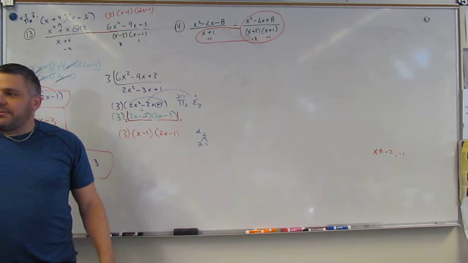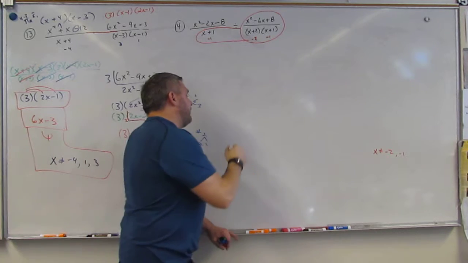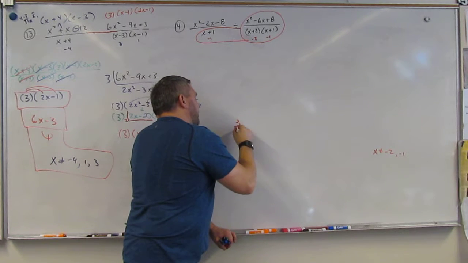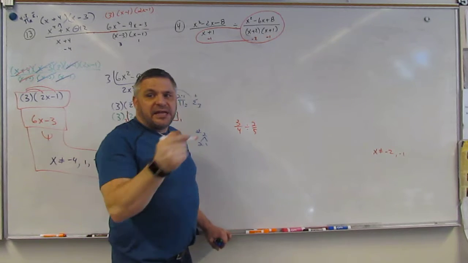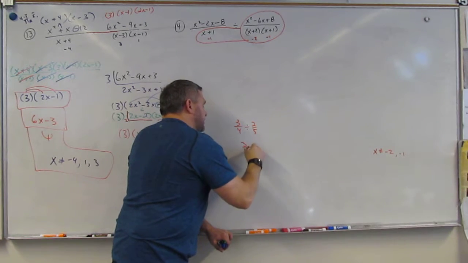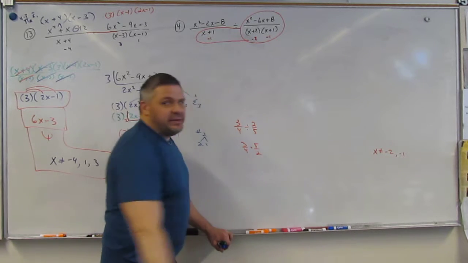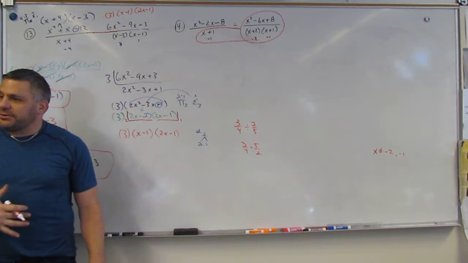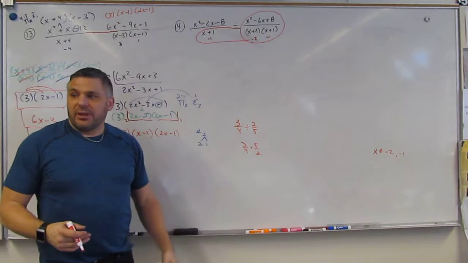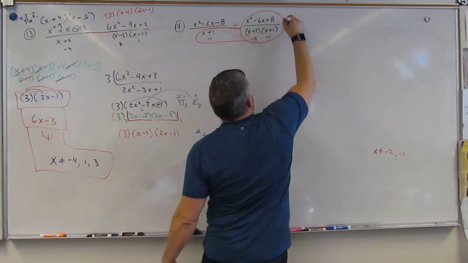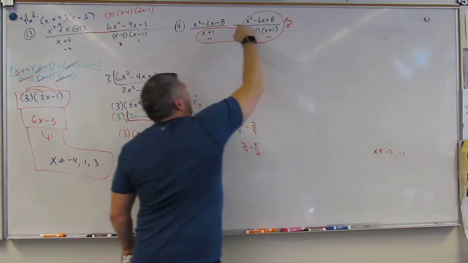The other thing we have to remember is if I have 3/4 divided by 2/5, that's really 3/4 times 5/2, because you flip and multiply. You flip the second one. So that means we have to flip this second one and multiply.